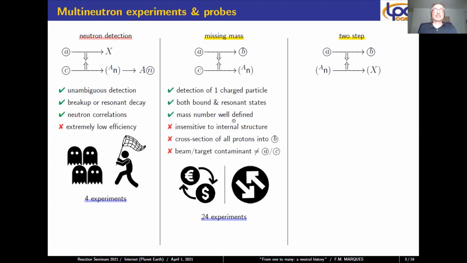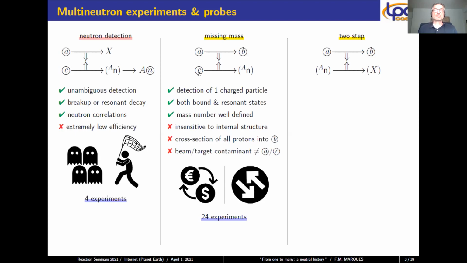In the missing mass technique, the main advantage is you detect only one charged particle, so the efficiency is almost 100%. Since you are deducing the mass of the neutrons, you can deduce the mass of a bound or of a resonant state. You don't care, and the mass number is well defined. But of course, you are not detecting the system, so you are insensitive to the internal structure.